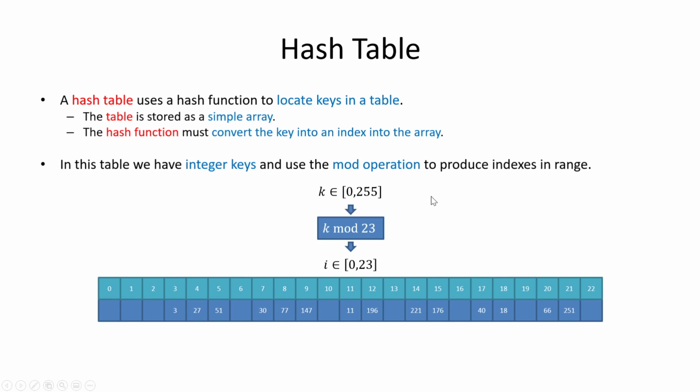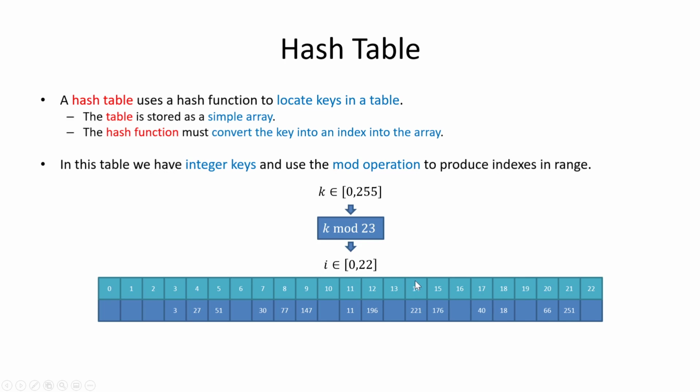And then to place elements into the table, I've used the mod operation. My key here is going to be a number between 0 and 255, but the indexes into my array, as I see here, are going to be values between 0 and 22.